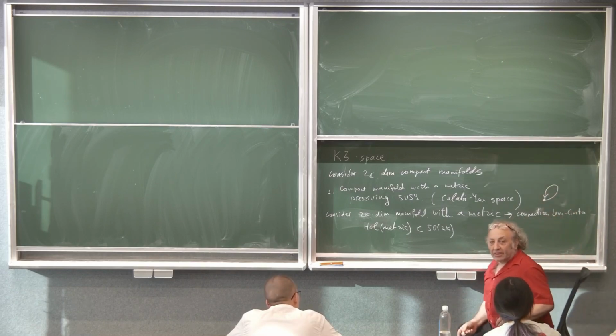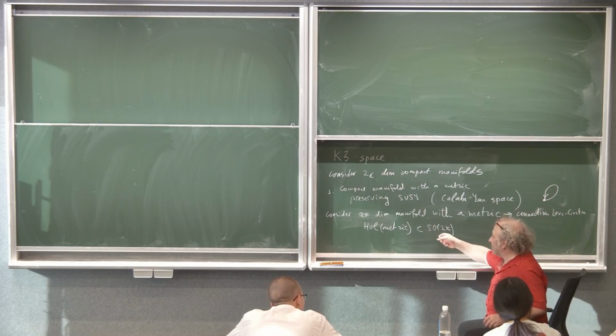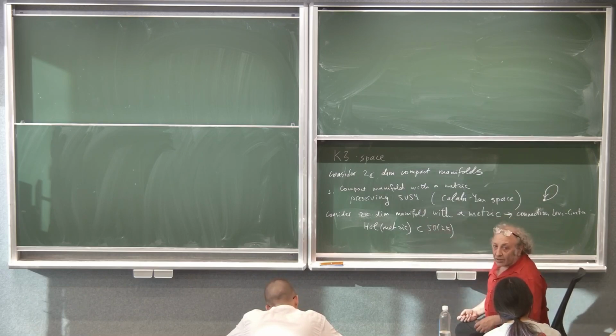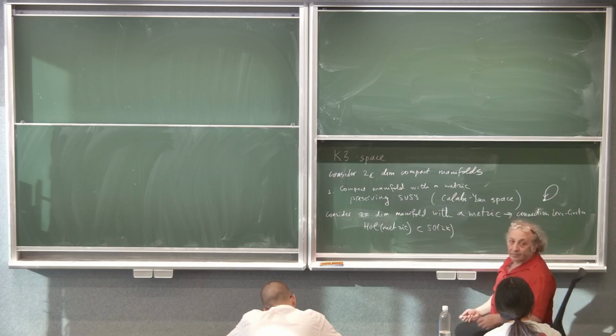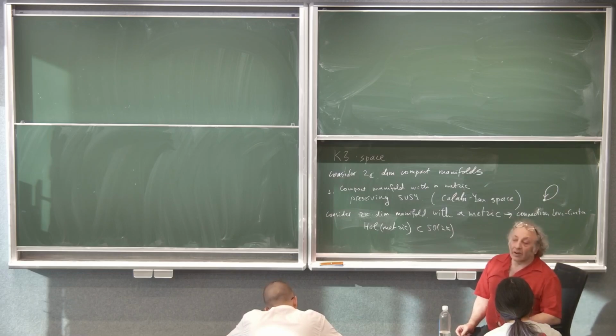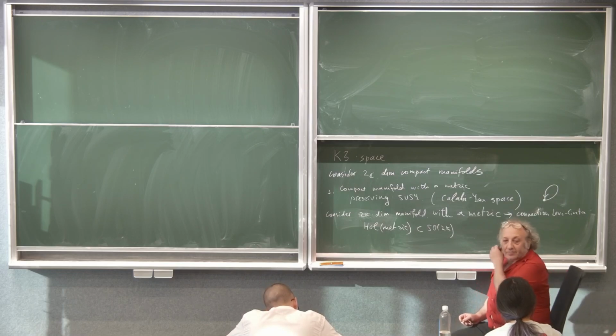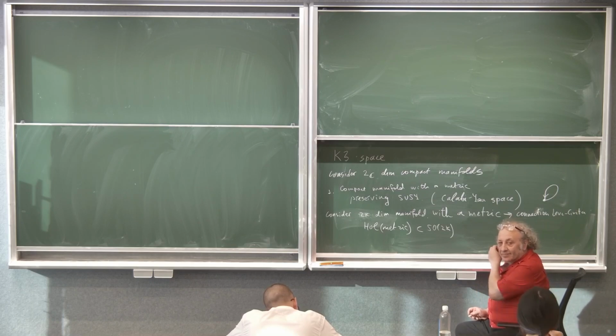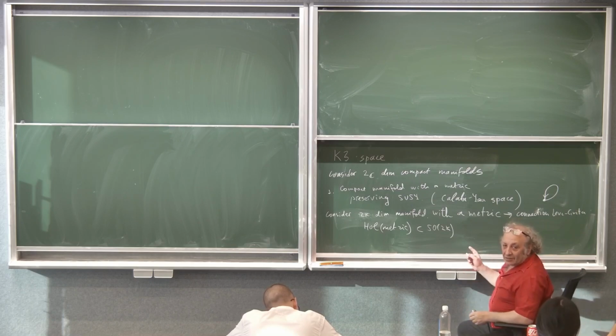Since this connection preserves the metric, it lies inside SO(2k). Why even dimension? Let me study even dimension first. It is also true for arbitrary dimension, but I would like to study even dimension.